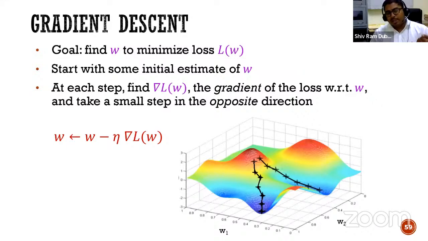So if we go in the direction of the gradient, then our output will be maximized. That's what will happen if we follow the gradient. But here, what is our objective? Our objective is to minimize the loss function, to minimize the loss value, which means we want to minimize the error. Our objective function is designed in such a way that it tells us how badly our model is performing on the training set.